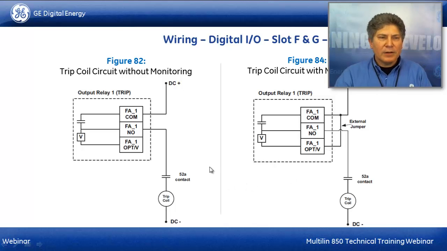Now, the whole idea with trip coil supervision is this: we want to monitor the integrity between the relay and the trip coil. We want to make sure there are no breaks, and in the event that there is truly a fault, we want to make sure that the physical connection between the relay and the trip coil is in fact intact and active.